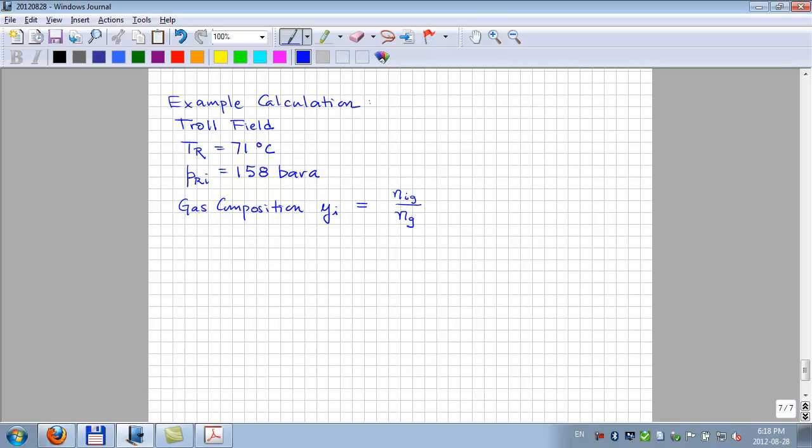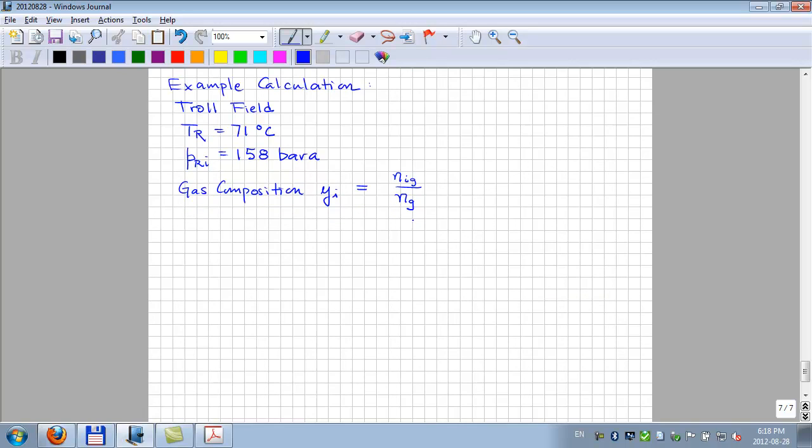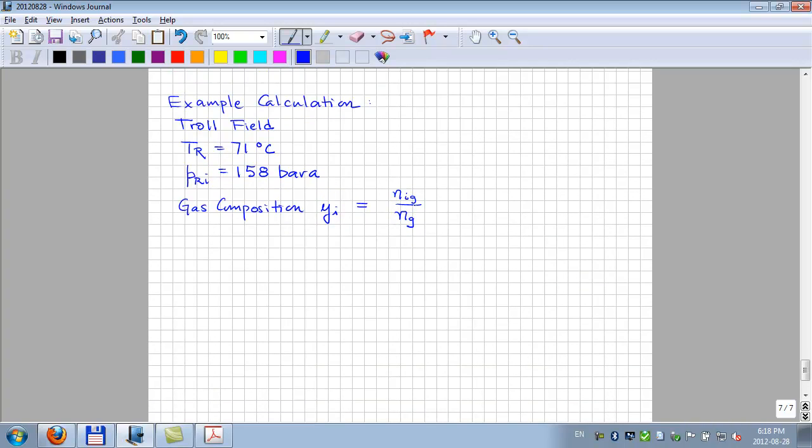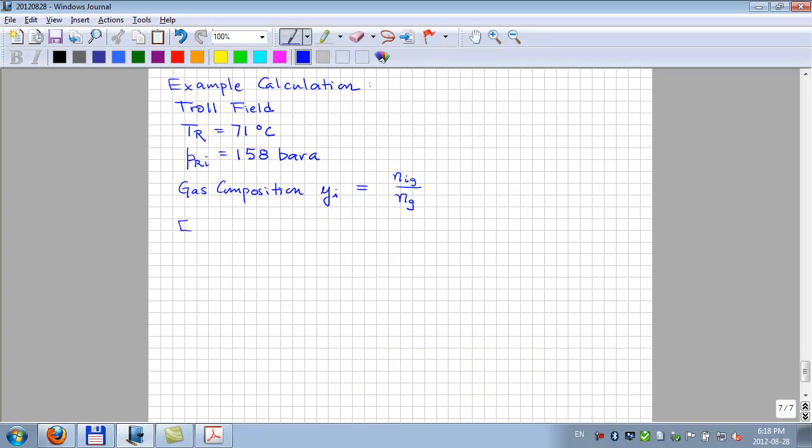Now, another thing that Standing and Katz did is that for the situation where you don't always have the gas composition, they provided a means to estimate the pseudocritical or average critical temperature and pseudocritical pressure, knowing only the gas molecular weight.